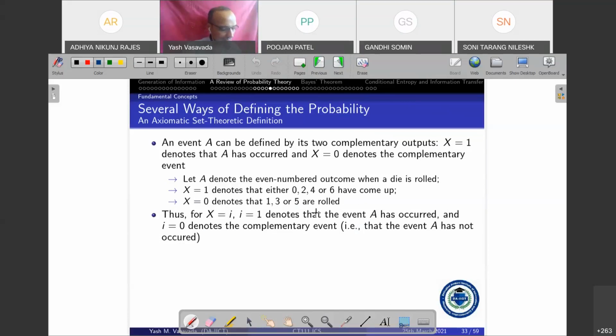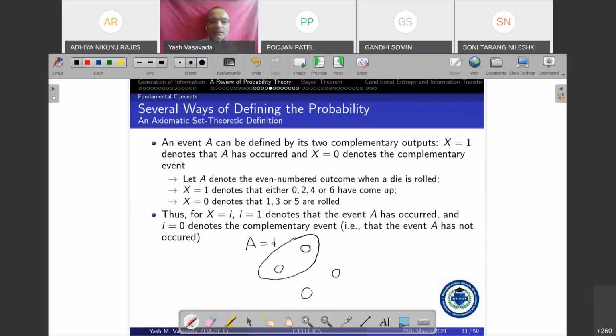So again, in the case of a set with 4 atomic events, which are given like this, if I call one subset to be made up of these 2 atomic events, that corresponds to this particular event A happened.